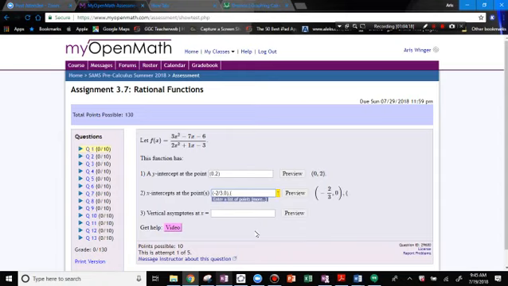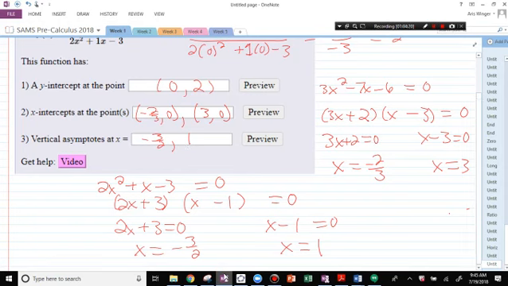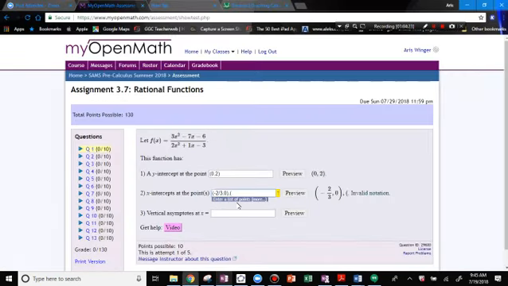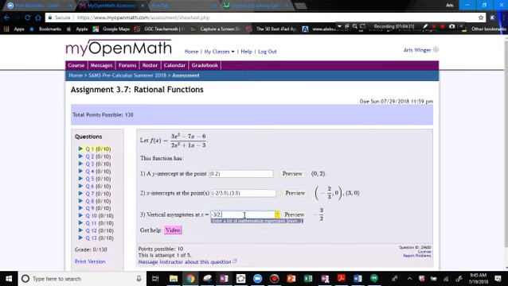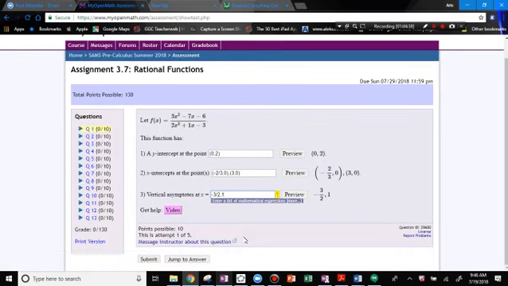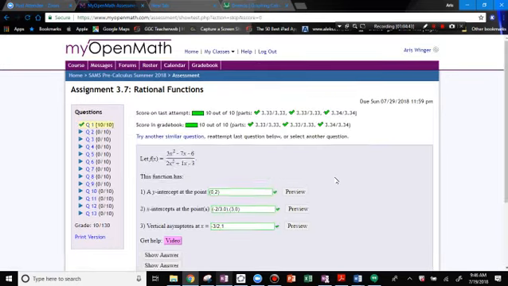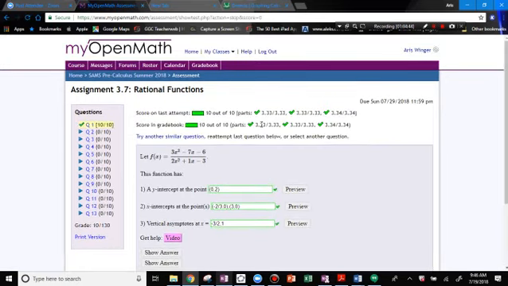What was the other one? 3, comma 0. Let's see if it likes this. Okay, and then negative 3/2, comma, was it just 1? 1. Let's see if it likes that. Okay. Yeah, that's exactly what it wants. Questions about that?